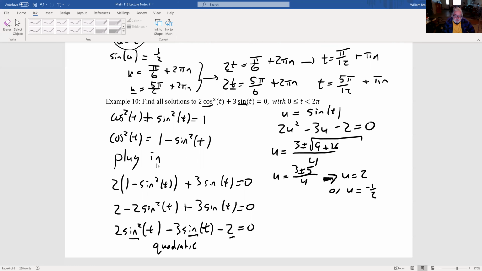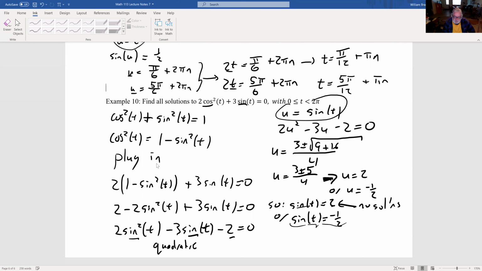So plug back in what u is equal to. So we have sine of t equals 2, or sine of t equals minus 1/2. This has no solutions. Sine is always between minus 1 and 1, so it's never equal to 2.